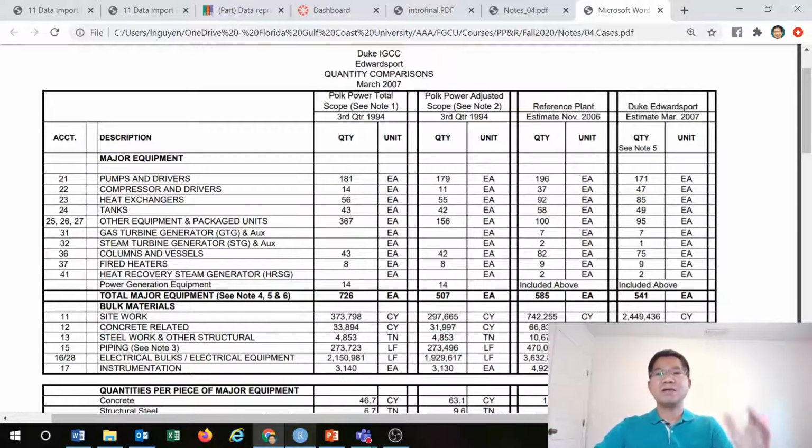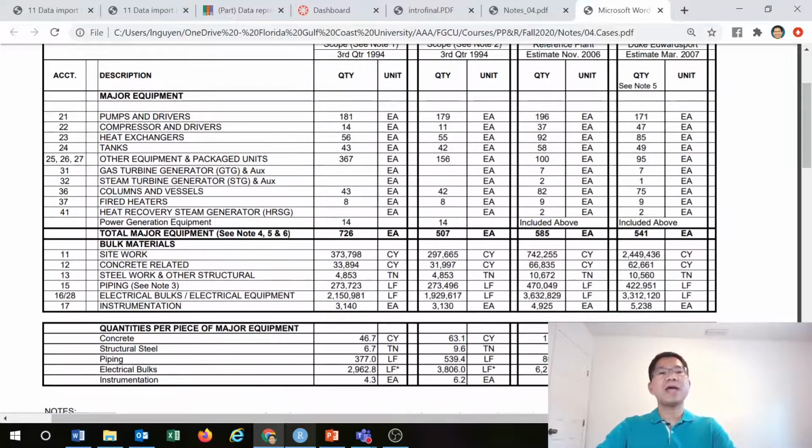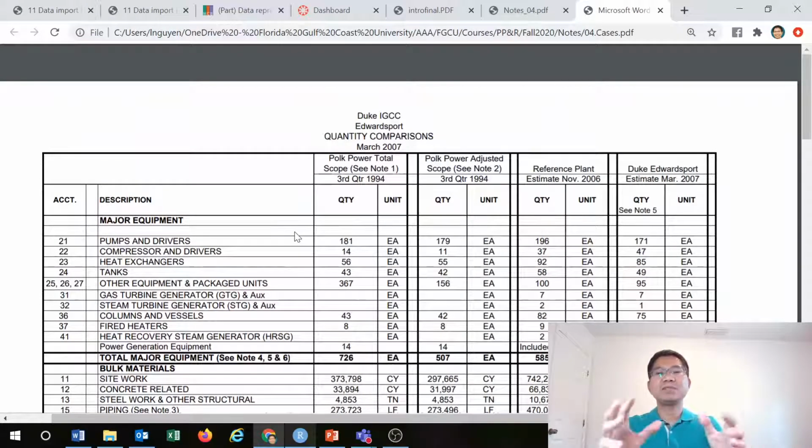So you make the quantity for each system: the heat exchanger, tank, equipment, packaging unit, gas turbine, generator, all of that is a system with the reference project in the past. Because at this stage, 2007, this project was just about to start designing, with no detailed design. So you have to rely on the historical data.